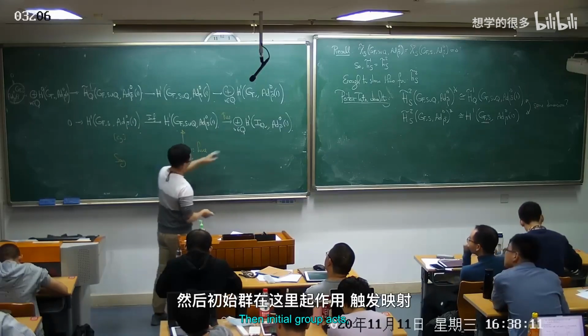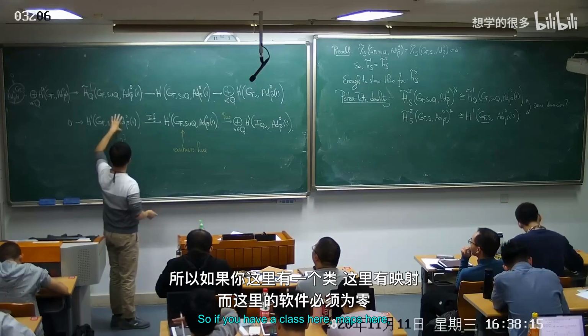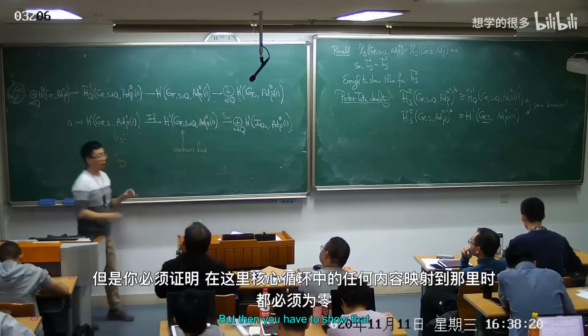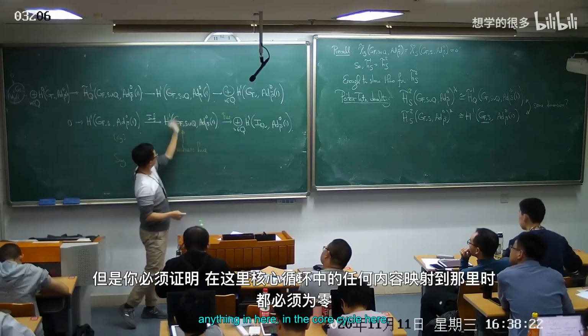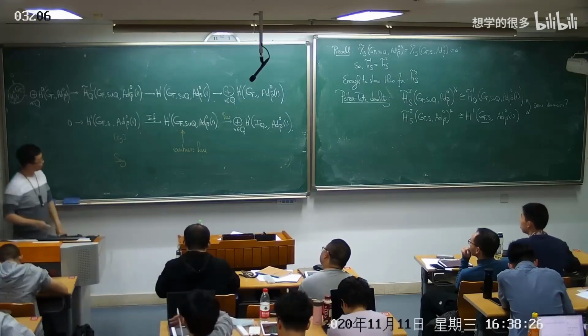Then the inertial group maps trivially down here. So if you have a class here, the map over here must be 0. But then you have to show that anything in the kernel maps over there to be 0, it must come from things over here.